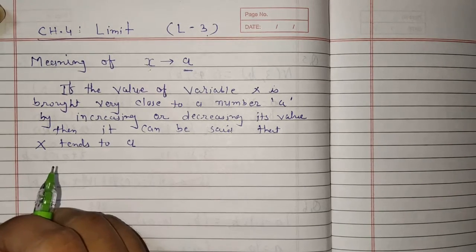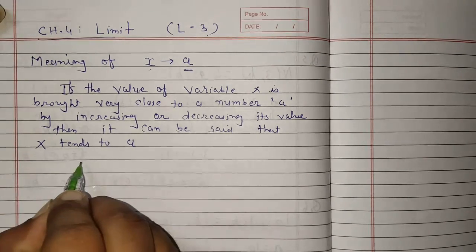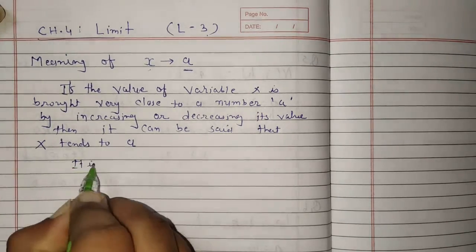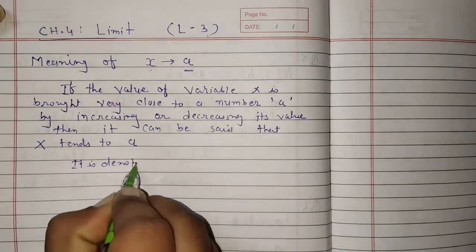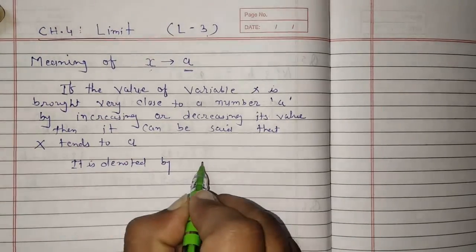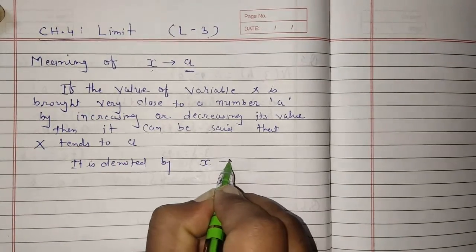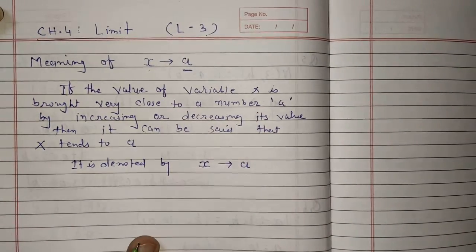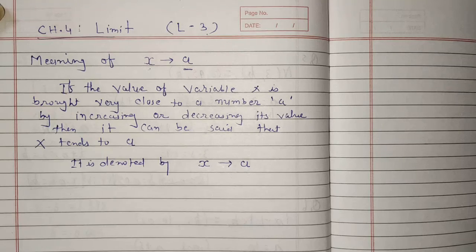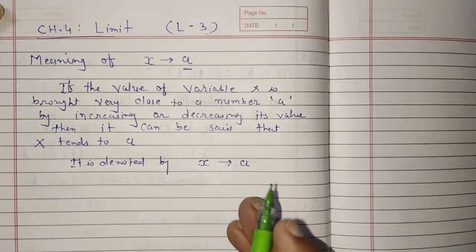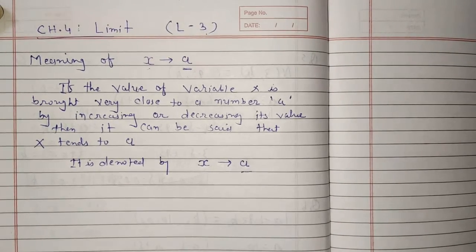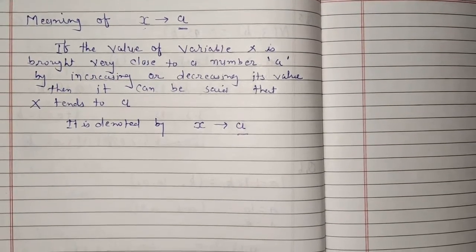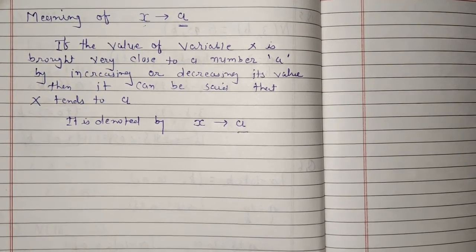It means some particular value, and it is denoted by x tends to a, or we can say x approaches a. x is going nearer and nearer to particular value a. Now we'll see the examples and clear this concept.